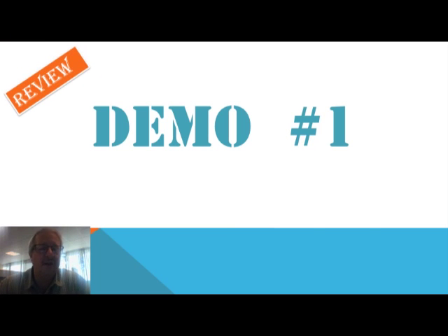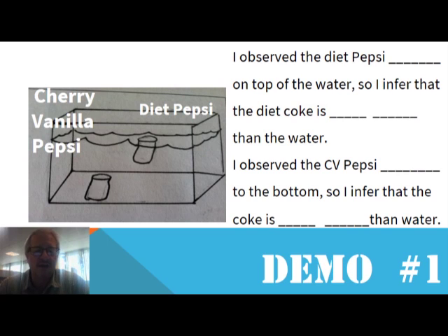Okay, quick review of demo 1 from yesterday. We had the cherry vanilla Pepsi and the regular Pepsi and the Diet Pepsi. And you observed that the Diet Pepsi was floating. Now notice the format here.